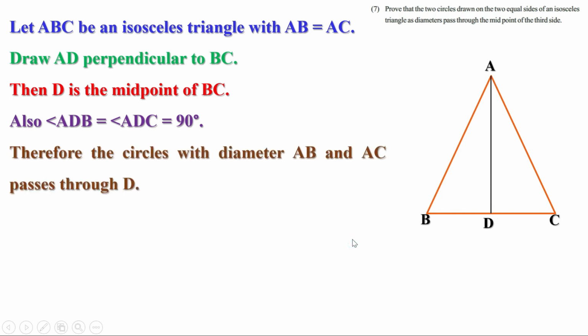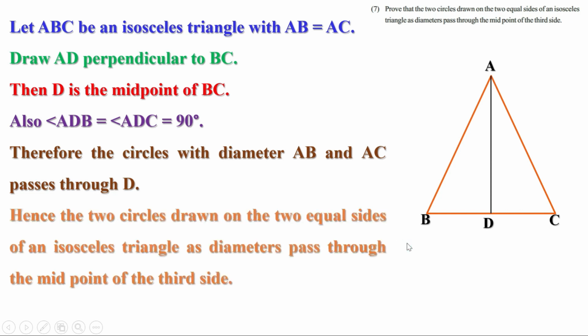Therefore, we can say the circles with diameter AB and AC pass through the point D. Now we know AB and AC are equal sides and D is the midpoint of the third side. So we can say the circles drawn on the two equal sides of an isosceles triangle as diameters pass through the midpoint of the third side.